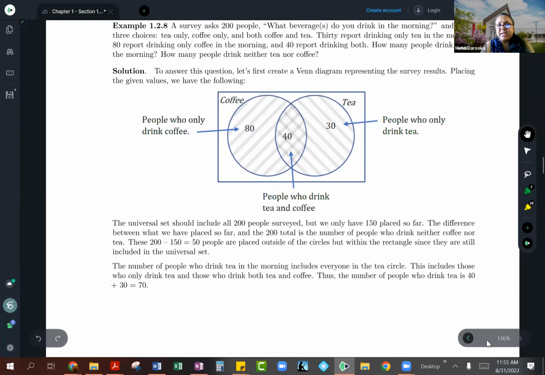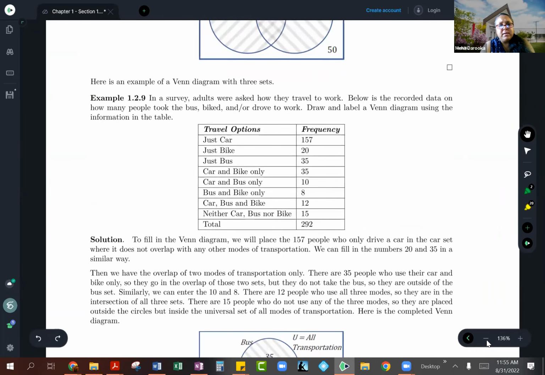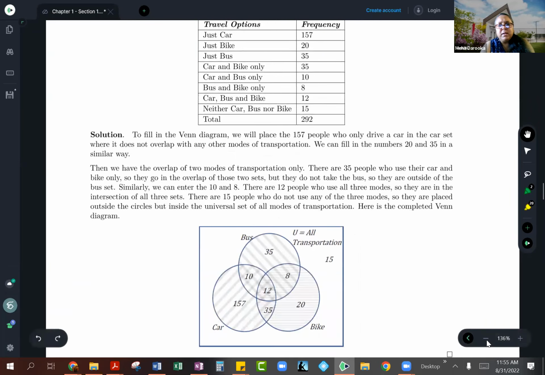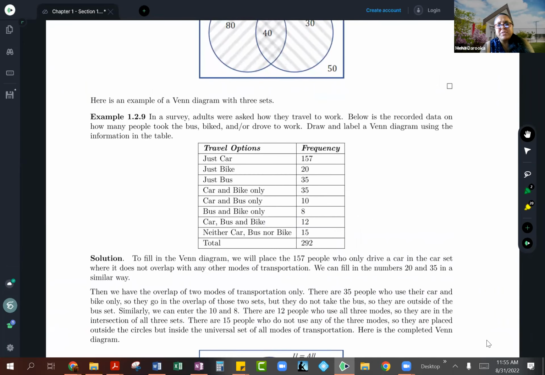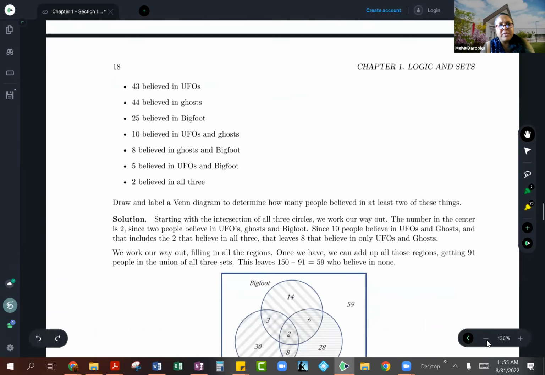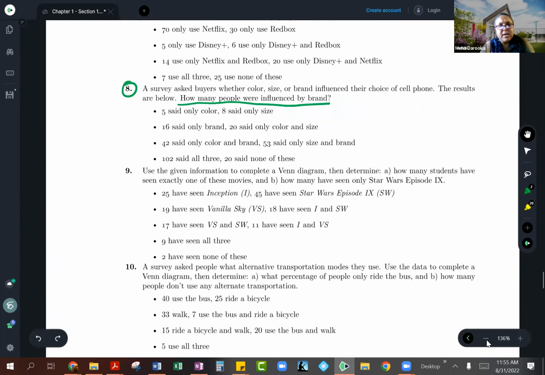And then based on that, you can answer the questions. So this one is talking about transportation, same kind of thing. They're giving you what category the people fall into, and then based on that, you come up with the answers. So maybe, let's see if we can find something like that.